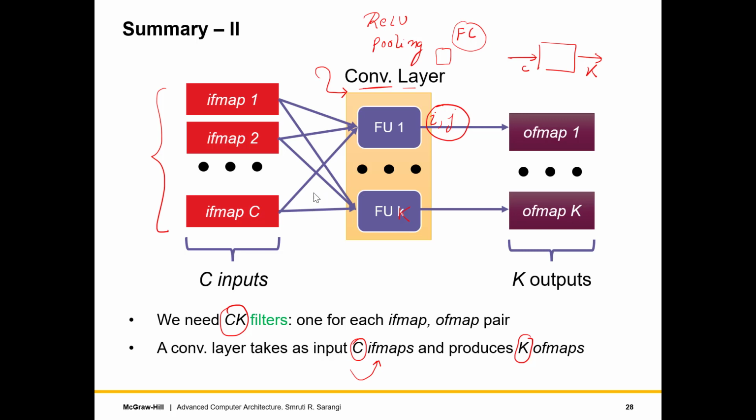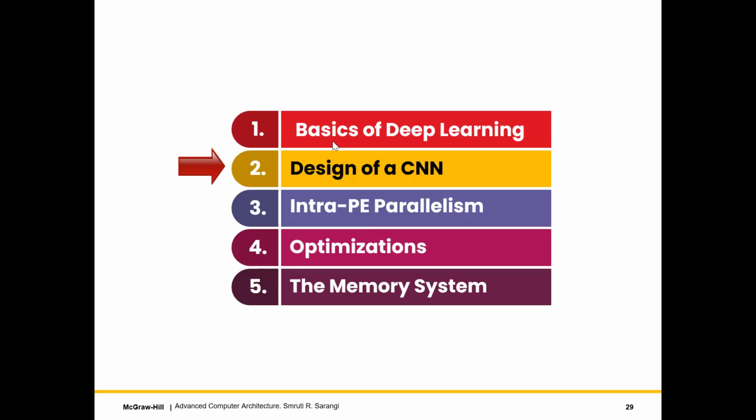But the key point is that we have C inputs, K outputs, right? We have CK filters, one for each IF map, OF map pair. And the key computation that is happening is this that you're seeing on the screen. So what we'll do now is discuss the design of a CNN and the parallelism that is available.